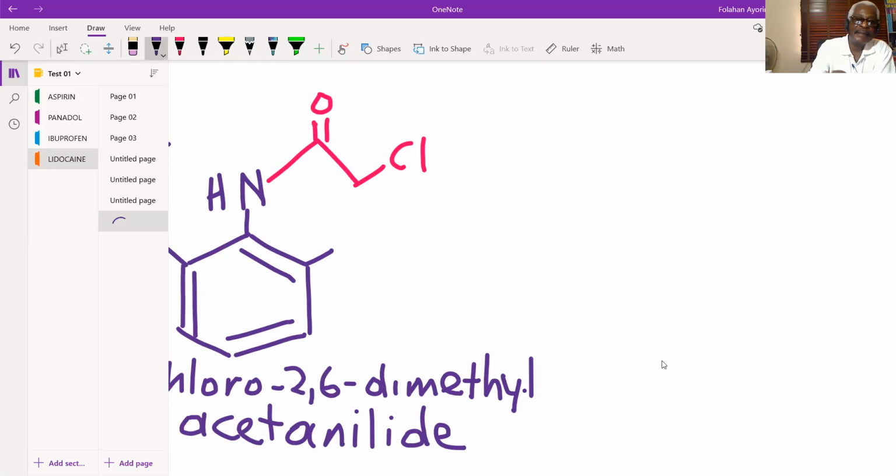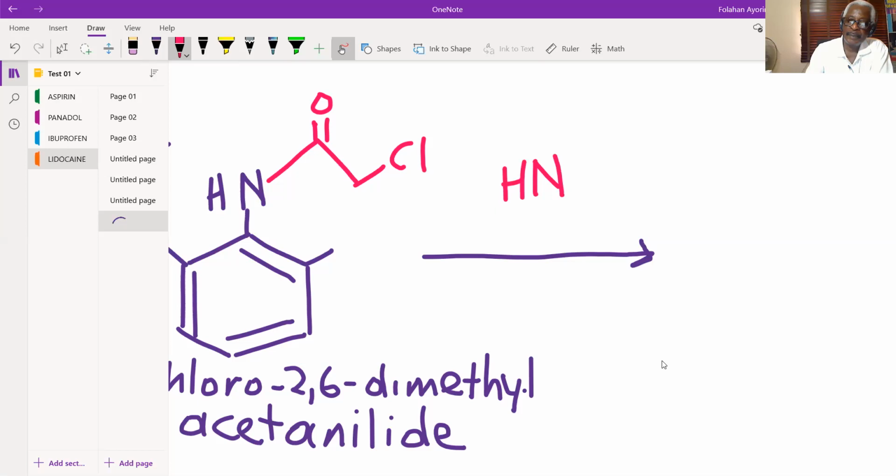Okay, so at this point, we are going to react this intermediate product with this compound here. This compound we call diethylamine.